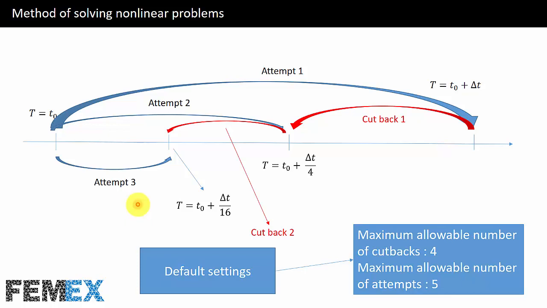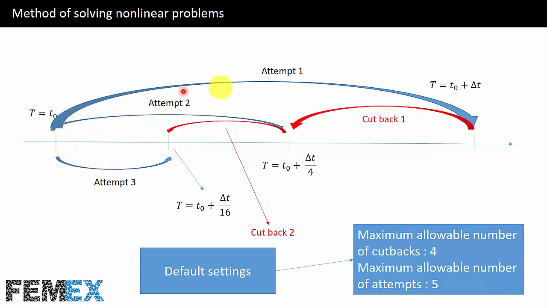But if after some iterations it doesn't find the converged solution, it will cut back, and we have one unsuccessful attempt, and the second attempt will be started.